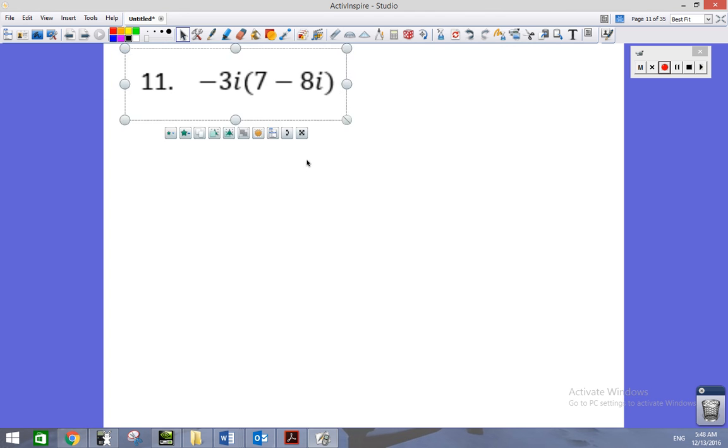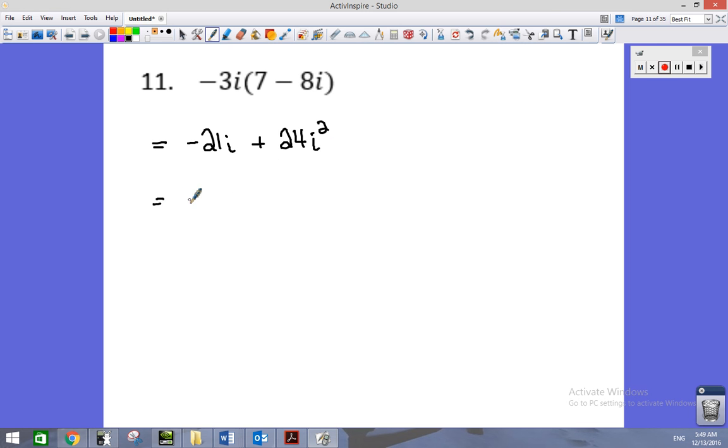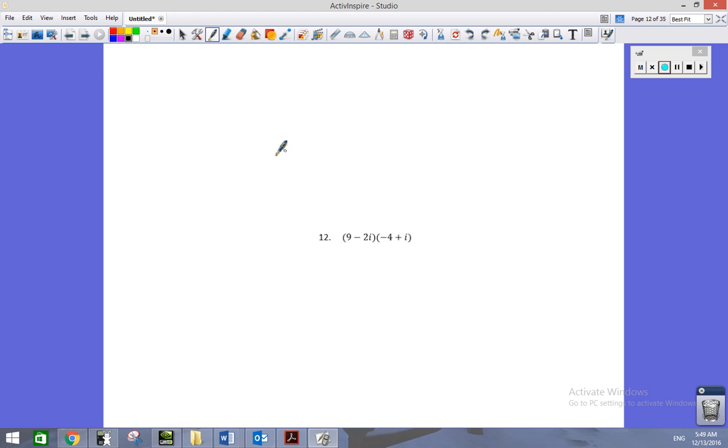The distributive property, multiplication distributes over subtraction. i squared is negative 1, makes that a negative 24. Binomial times a binomial.